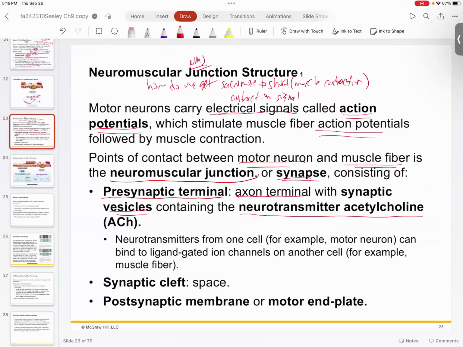So ultimately, a neurotransmitter is essentially a chemical that can relay the action potential across the synapse to the target cell.